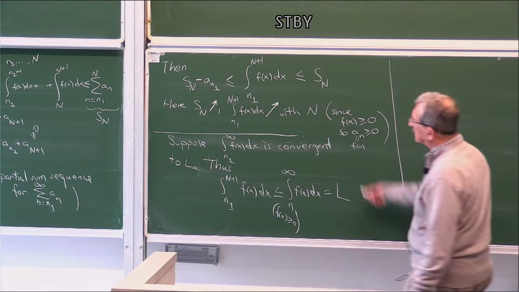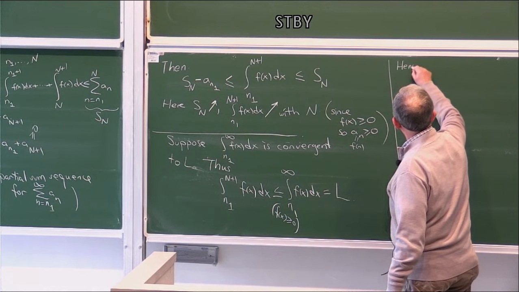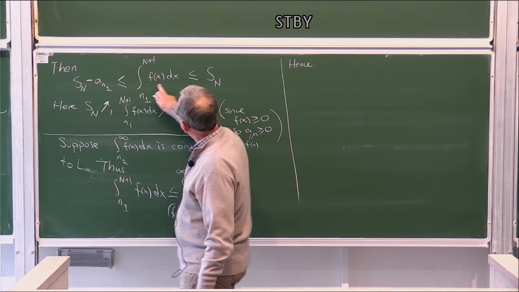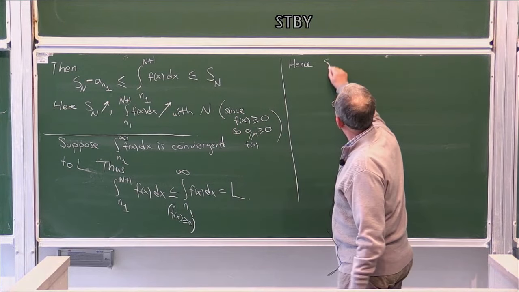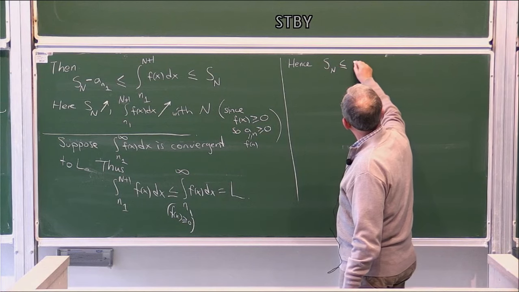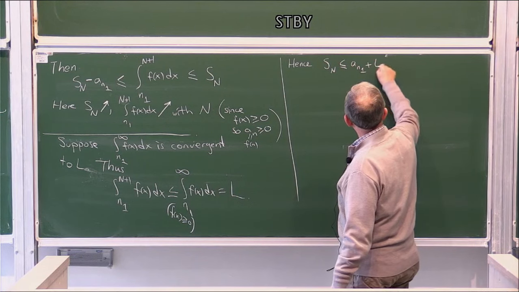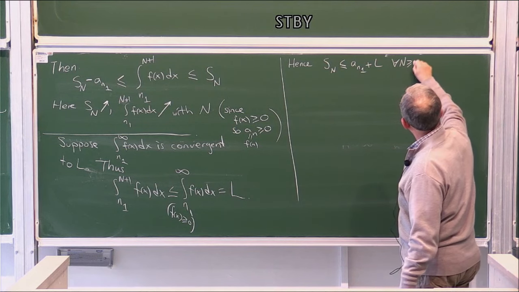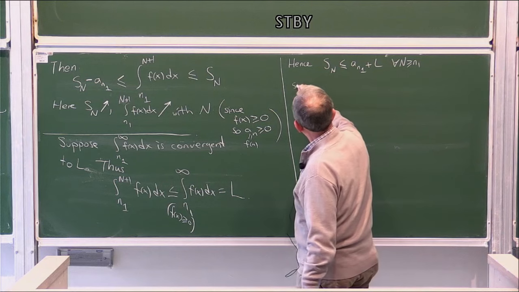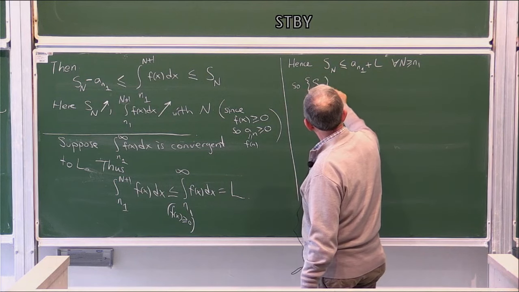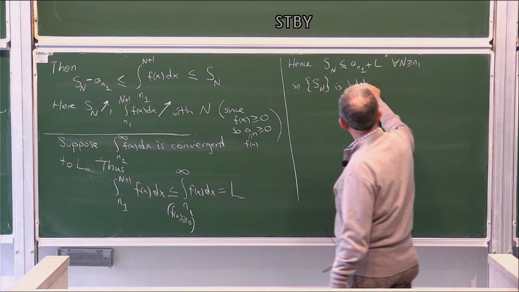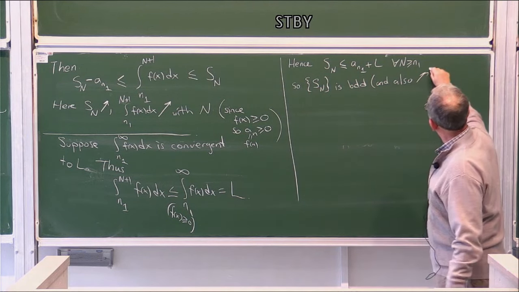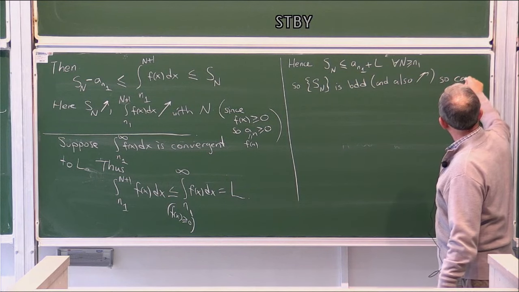But this says that our Sn minus a_{N1} is bounded by L, so Sn is bounded by a_{N1} plus L. This is true for all n after N1. So Sn is bounded, and also increasing, so it converges.